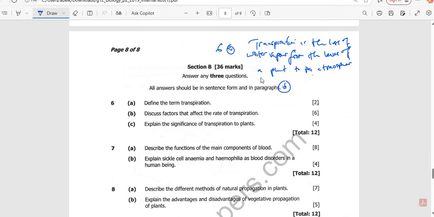Discuss factors that affect the rate of transpiration. So we understand that the rate of transpiration is how fast or slow water vapor is lost.